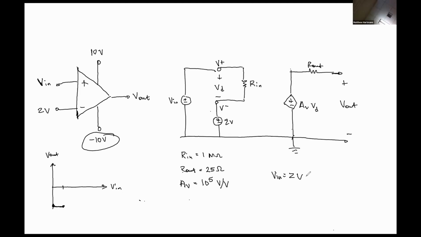And since V out is mathematically between our power supply voltages, our output voltage should actually be 0. So this begs the question: what's going on between Vn equal to 1 volt and Vn equal to 2 volts?